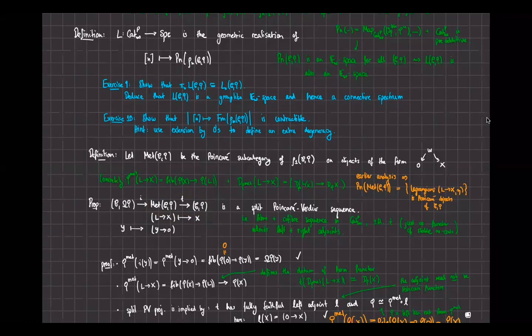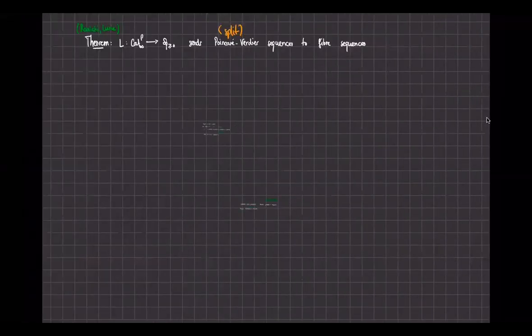And it's a general fact that Kan fibrations of simplicial spaces geometrically realize to fiber sequences. So it's some map of simplicial spaces that is a Kan fibration. It has some lifting property. For this, you just make explicit what these Rn constructions do. You prove that lifting property, and then you deduce that after applying realizations, you obtain a fiber sequence. So L-theory will send such Poincaré-Verdier sequences to fiber sequences.